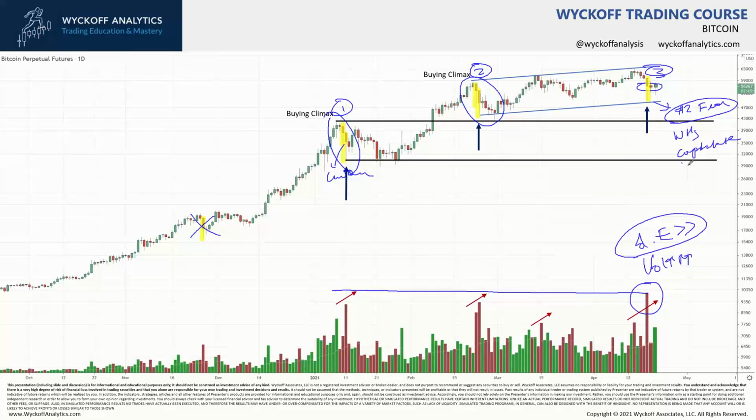So I was trying to find the evidence of this weak hands capitulation. And I think I found a couple of articles that talked about over 1 million leveraged accounts that were triggered and their positions were closed.